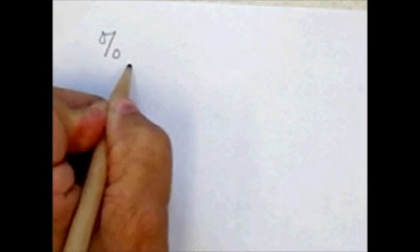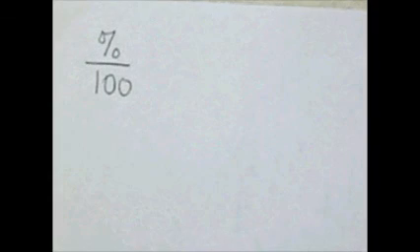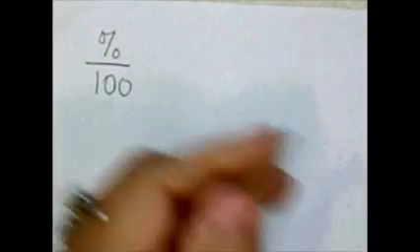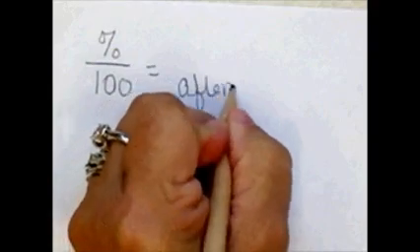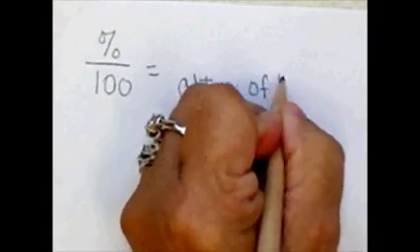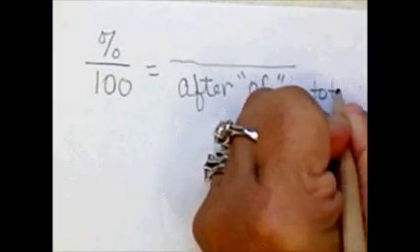Always begin by putting the percent over 100, because that's the part of 100 that you have. Then whatever in the statement follows the word of goes on the bottom. This represents the total amount, or 100%. Okay, so that's why it's a proportion.